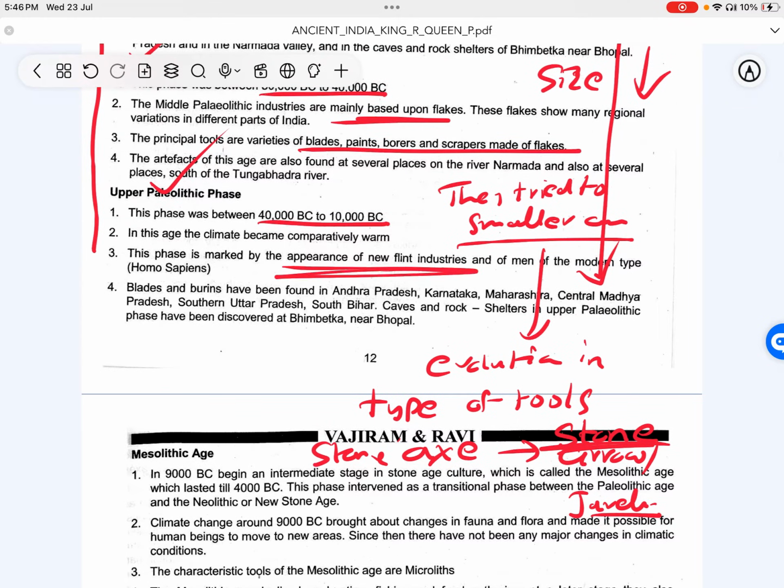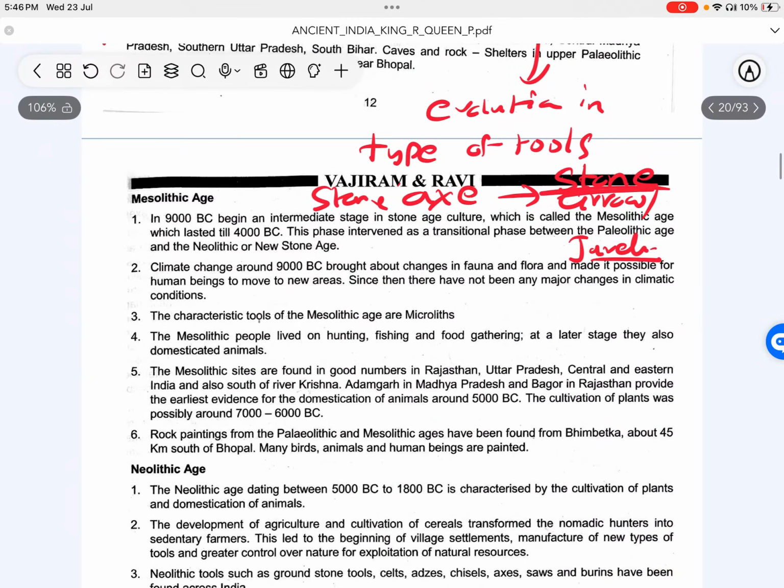I'm going in an analytical mode, so I'm not going into much detail. I'm just here to explain what it is all about, and we need to underline the key aspects. Here we can see microliths. What are microliths? Why were they used compared to the previous round stones?